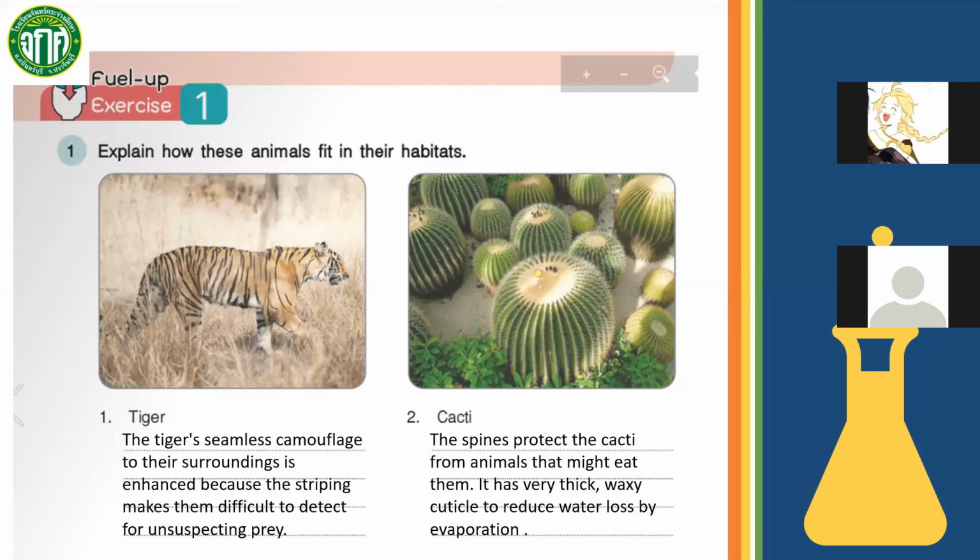A tiger's seamless camouflage to their surrounding is enhanced because the striping makes them difficult to detect for unsuspecting prey. So the tiger has these stripes to make them more difficult to detect for unsuspecting prey. All right, so that is for tiger.